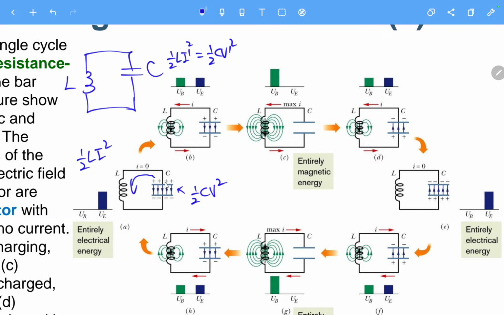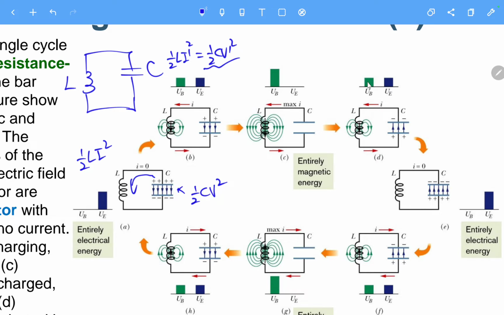Originally the top plate has a positive charge and the bottom plate has a negative charge. For this step, the positive charge will go to the bottom plate, and the top plate will have a negative charge. But since the energy is 1/2 CV squared, whether it is positive or negative doesn't matter to the energy. So we still have a positive UE and positive UB.